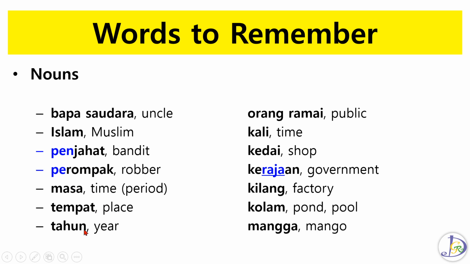Tempat, place. Tahun, year. Orang ramai, public. Kali, time. Kedai, shop. Kerajaan, government, from the word raja. Raja means king, because in Malaysia, the government belongs to the king. The prime minister and the ministers just govern and administrate the government.